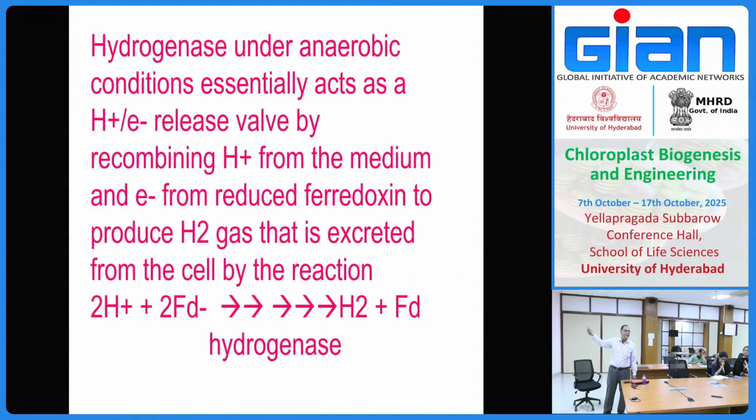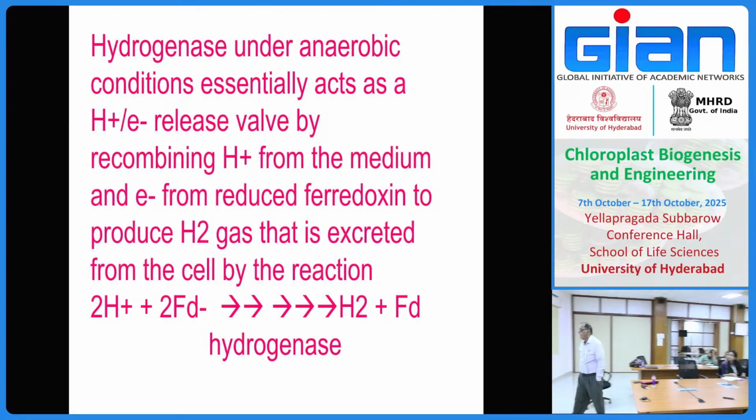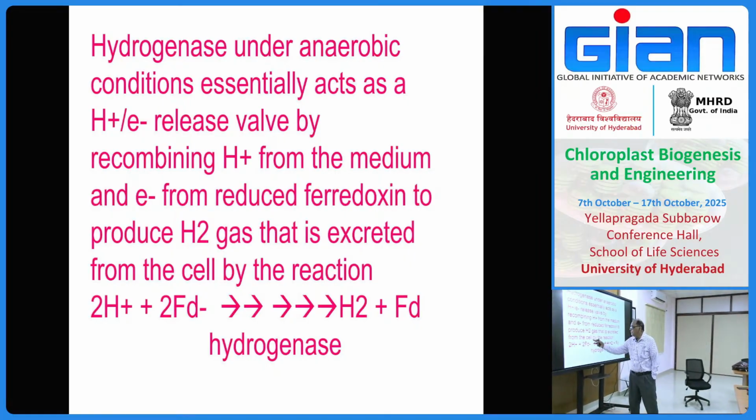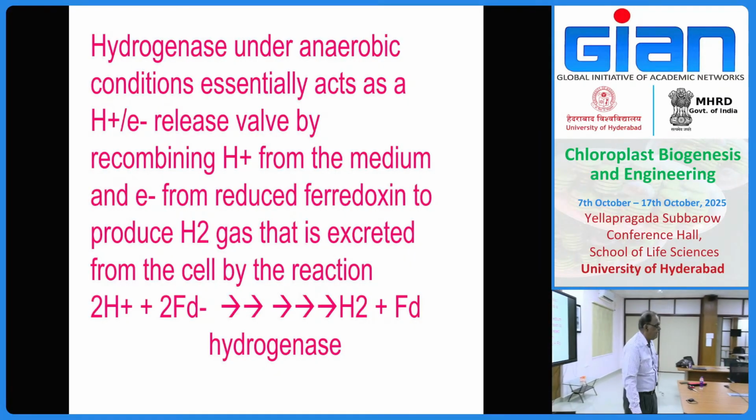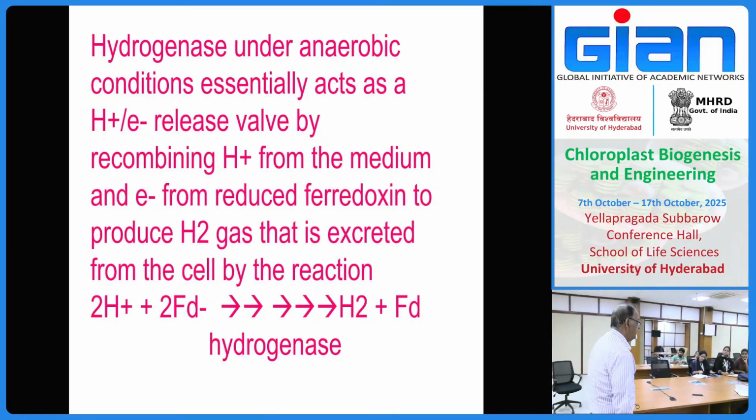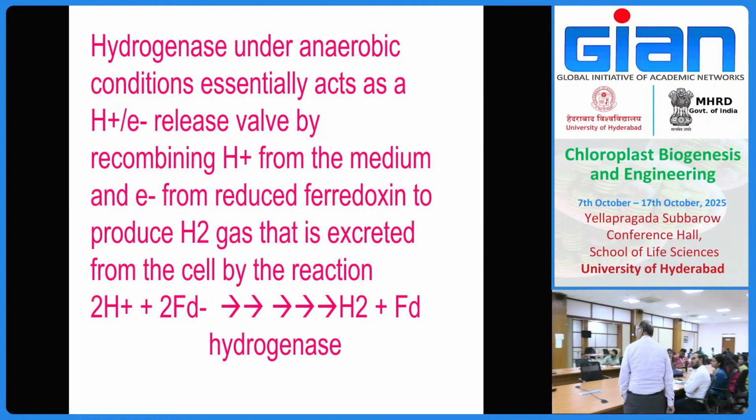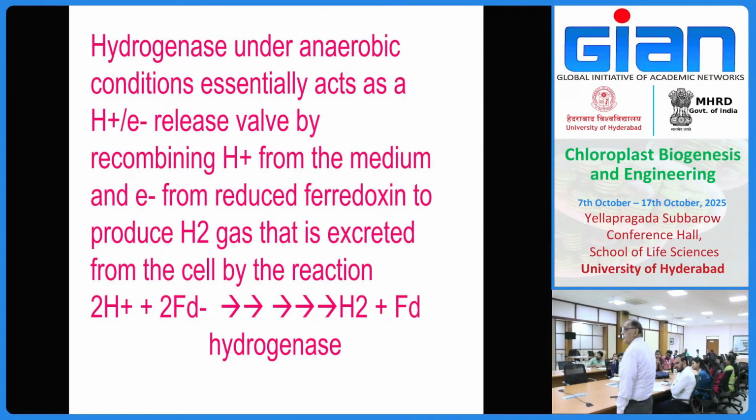So the enzyme called hydrogenase is in many algae. Chlamydomonas is one of them. Very important. What it does: once ferredoxin is reduced ferredoxin, hydrogenase converts reduced ferredoxin to oxidized ferredoxin and hydrogen.